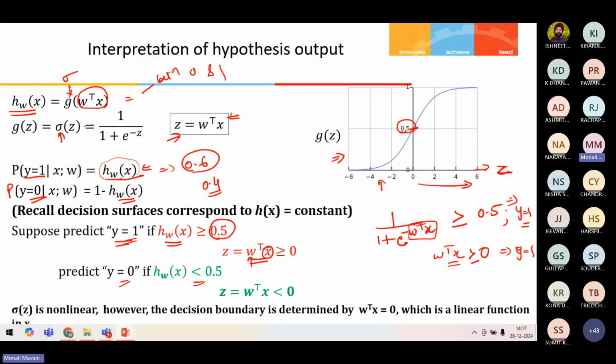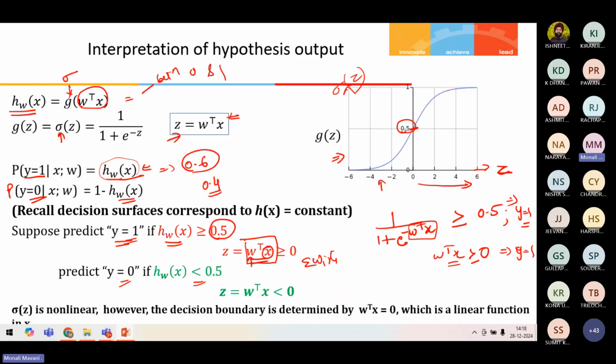Our sigmoid function is a nonlinear function of the input, but our decision boundary is actually determined by w transpose x, which is a linear function. w transpose x is nothing but the sum of wi xi, and you are summing all of them together. So it's a linear function. That's why logistic regression is called a linear classifier.